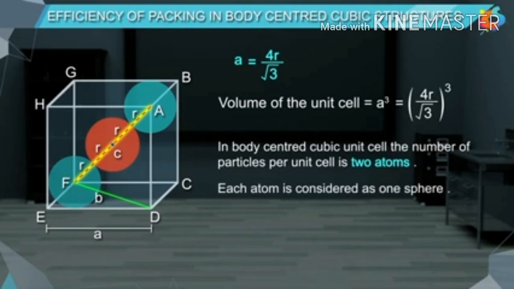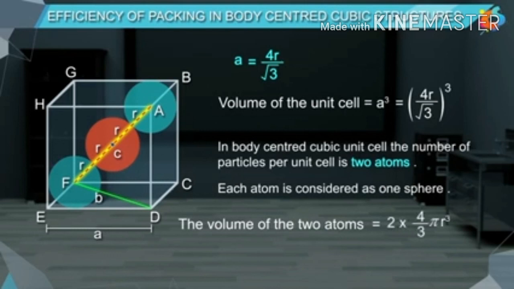Each atom is considered as one sphere. The volume of 2 atoms is equal to 2 into 4 by 3 pi r cube, which is equal to 8 by 3 pi r cube.